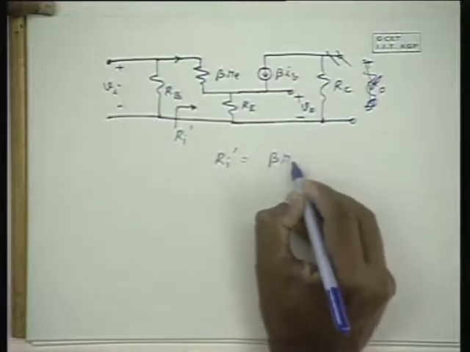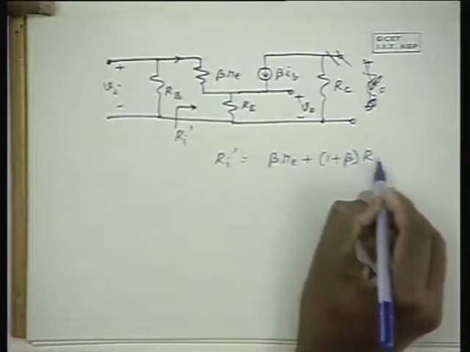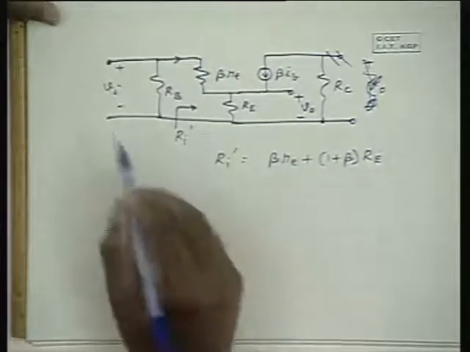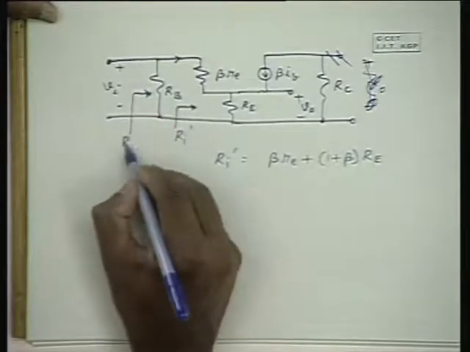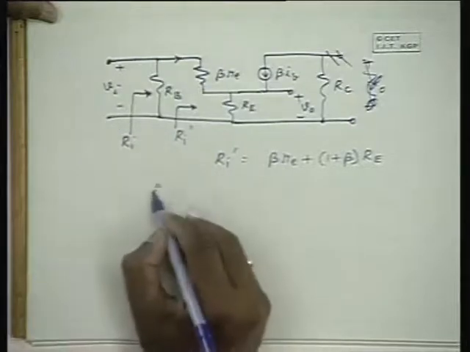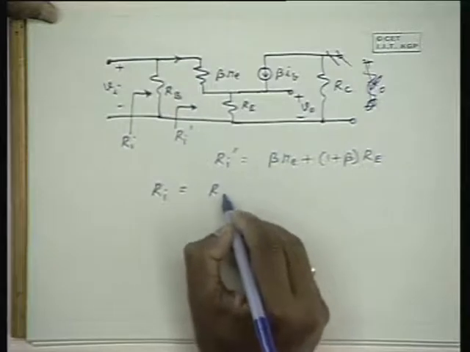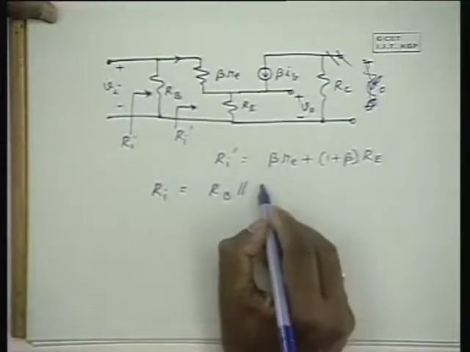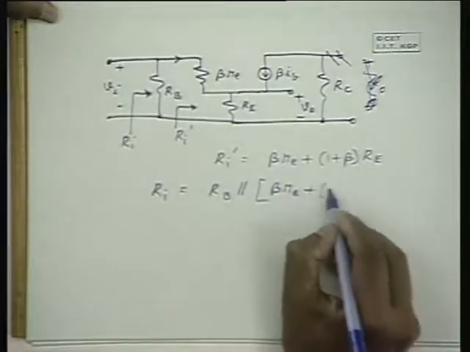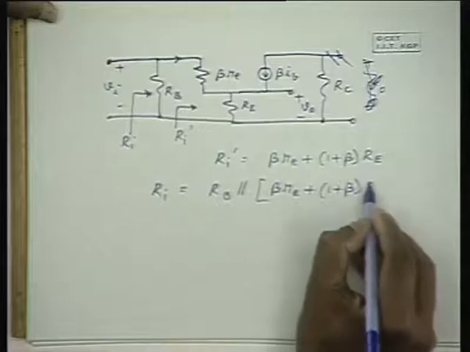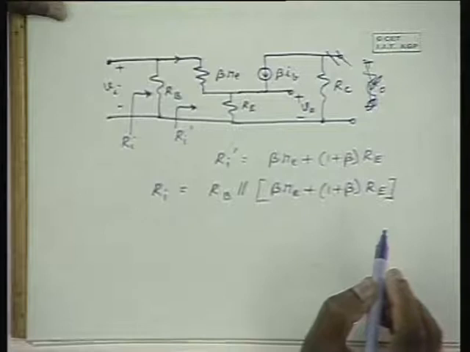Therefore, this is beta Re plus 1 plus beta times R capital E. And the input impedance between these two terminals, that is Ri, the input impedance of the transistor amplifier, is now Rb in parallel with Ri dash, which is nothing but this expression. This is the input impedance.